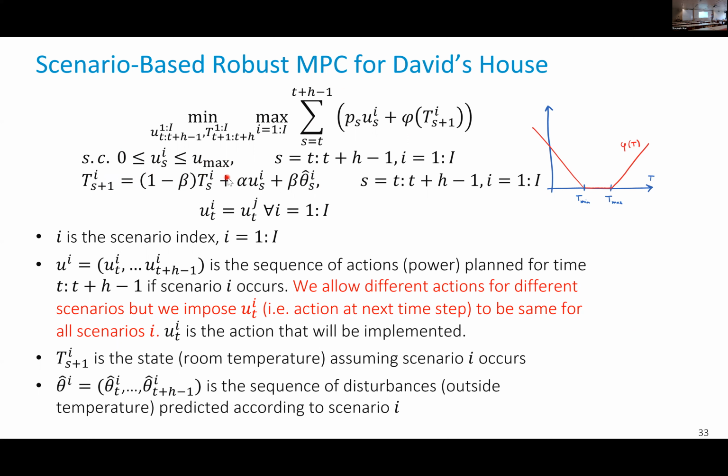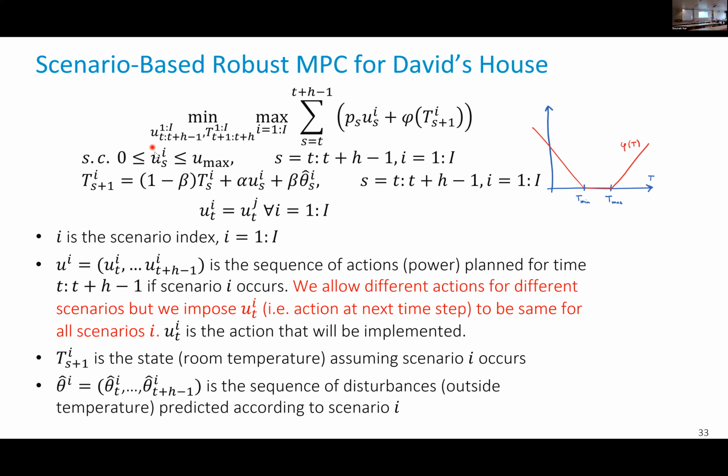What is important to remember here, which is implicit here, is that for the optimization variable, capital T, the state starts at time t plus 1. That means the value of the state at time t is assumed to be a fixed known parameter in this optimization problem. So in these equations here, when s is equal to t, for example, the right-hand side here is an input, the same for all three scenarios.